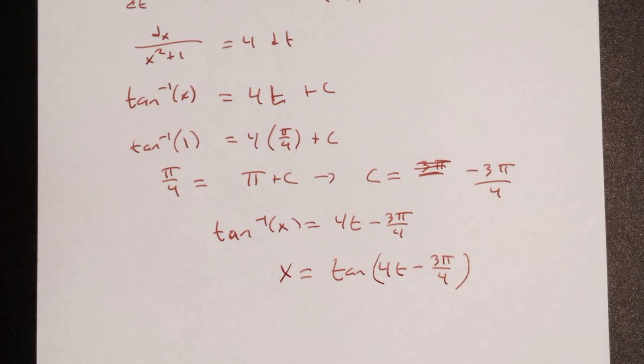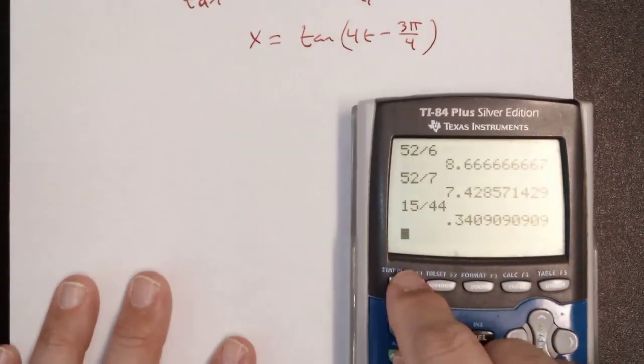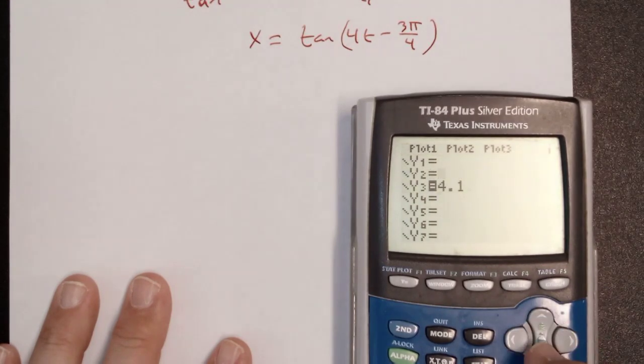Now, Divine, I actually think it would be useful to draw this to find the interval. Because remember, tangent had lots of asymptotes, right? And in order for me to know what interval this solution works on, I need to make sure it's the interval that contains my initial condition where t is pi over 4. So if I graph this, tangent 4x minus 3 pi over 4 graph.